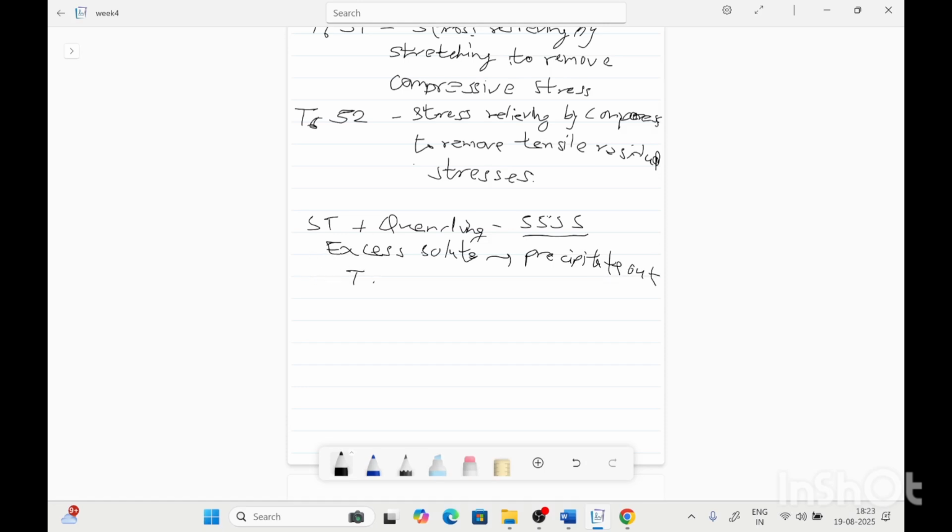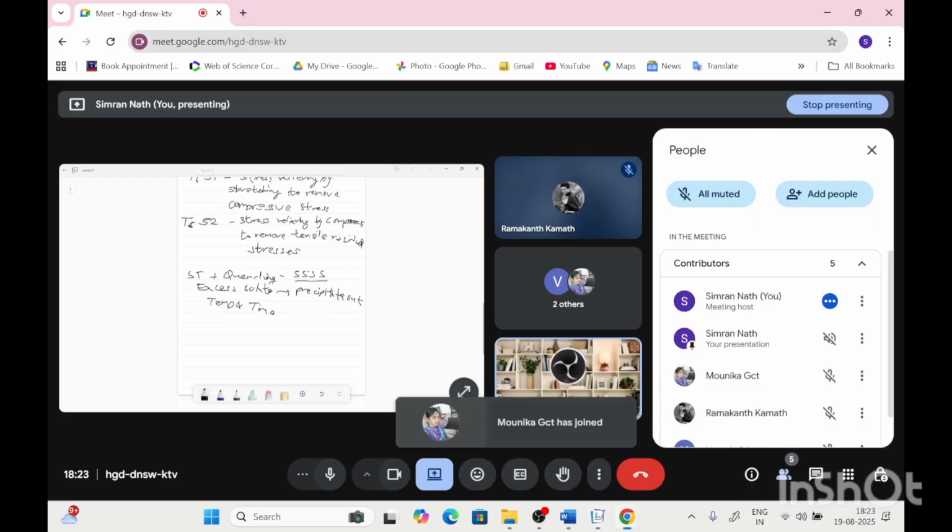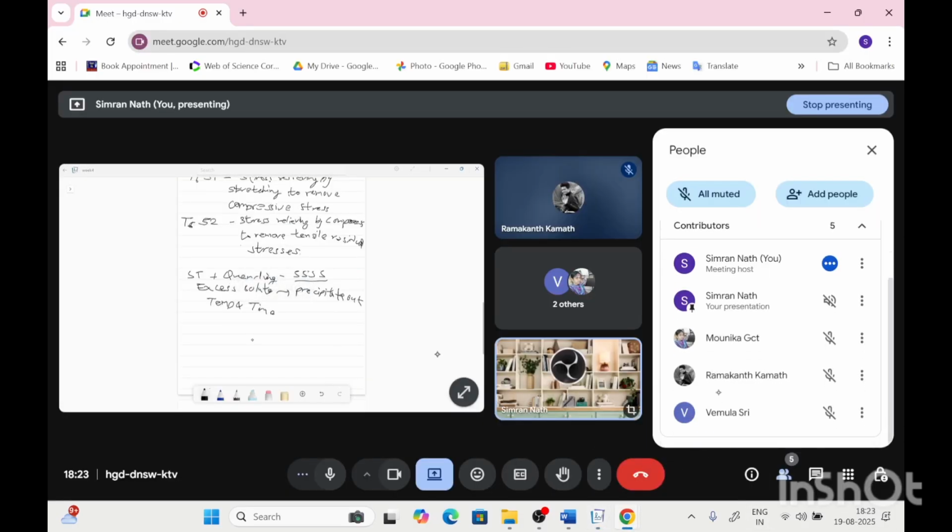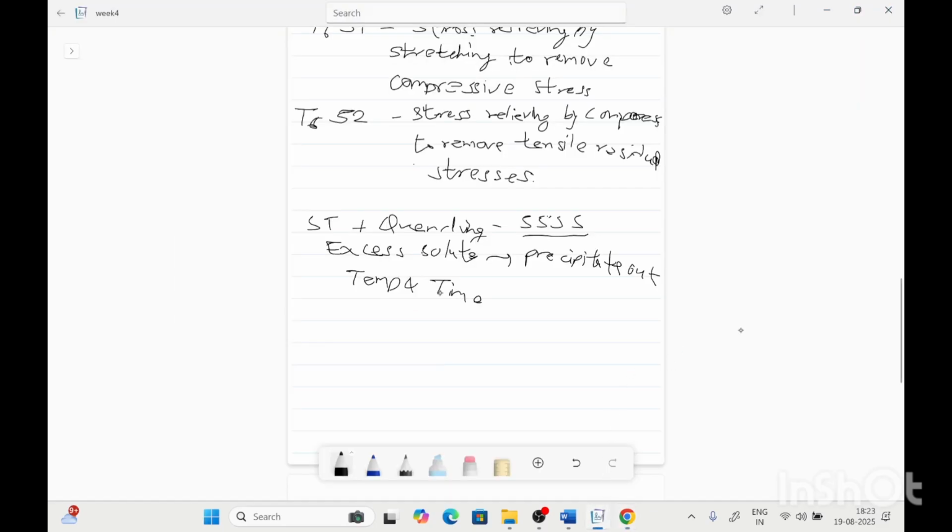With time and temperature. So there is a very important role of the temperature and time on the precipitation hardening behavior of these alloys.